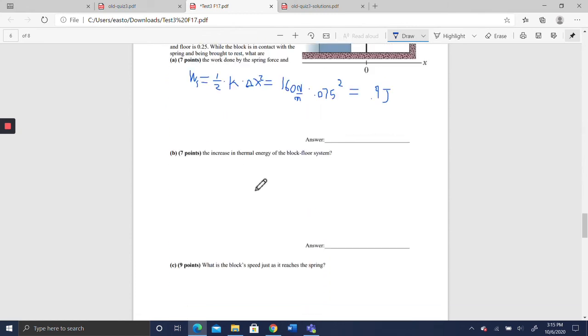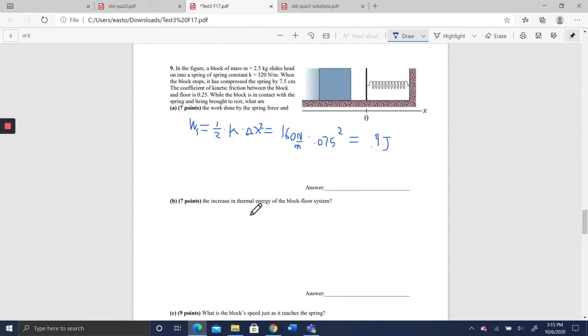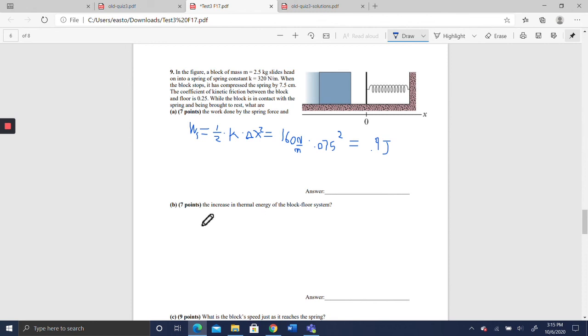Then they want to know the increase of thermal energy in the block-floor system. The increase is basically due to friction, so they want to know the friction force. Work is always equal to force times distance.